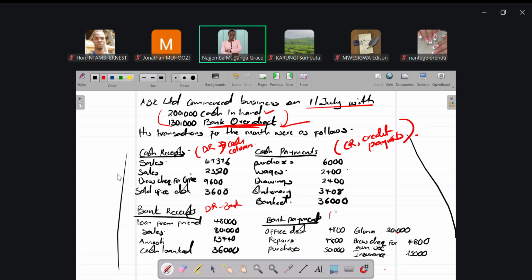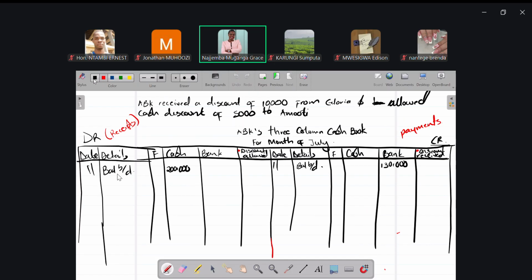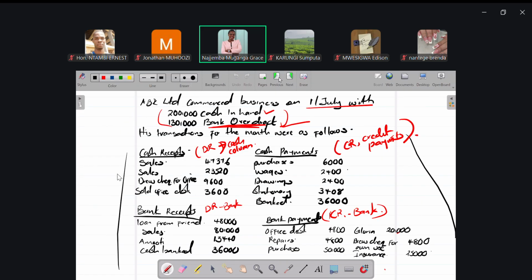And this would be the credit side, but through the bank. Okay, now let's quickly post all these. Cash receipts, we are receiving sales. So we move to the debit side. This is with regards to the sales, cash is receiving 7376.